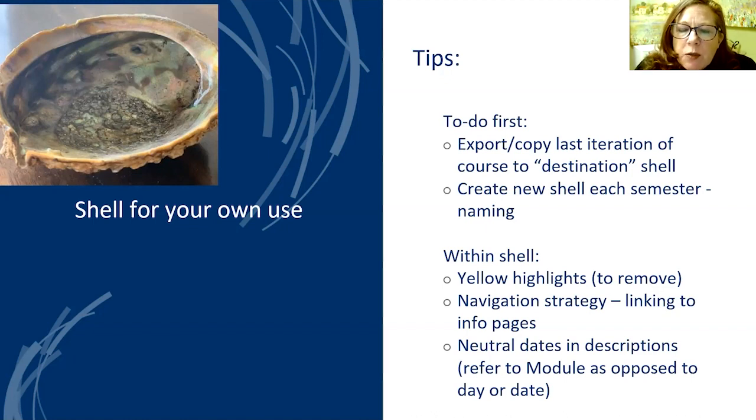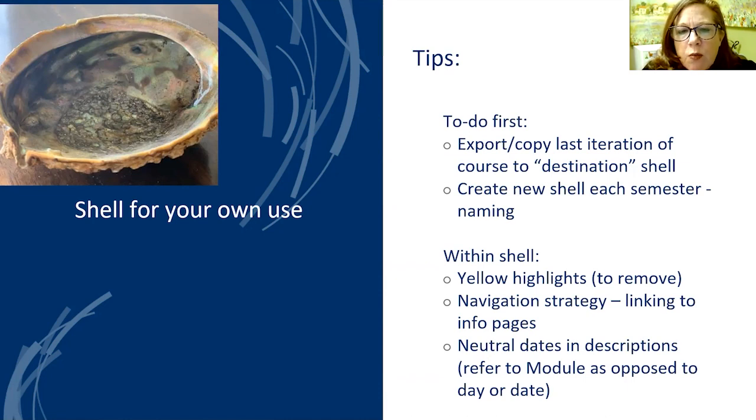No, well, I see you already brought up the navigation strategy of linking to information pages. Now, again, this is very specific to me. I don't know how your courses are, but for example, we use an outside online component called Connect. So students have registration information for Connect, and you might use other outside sources.